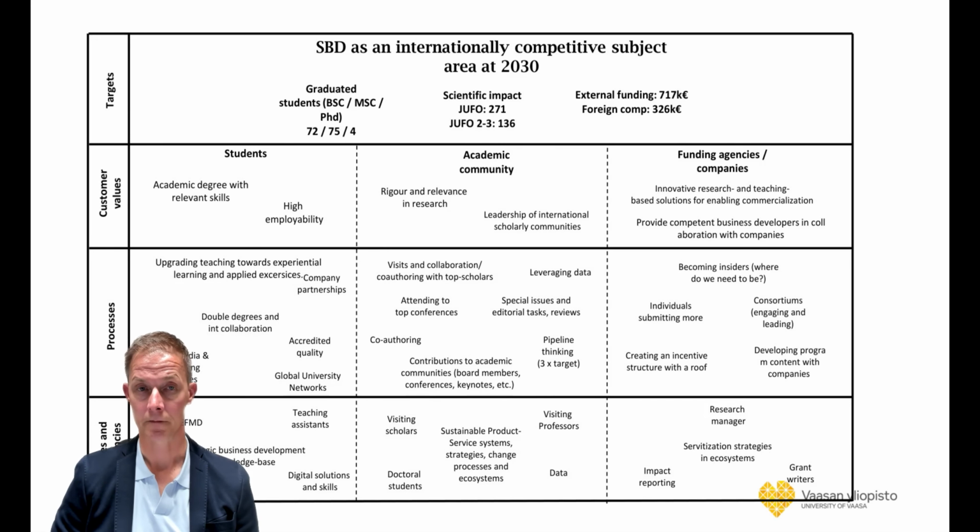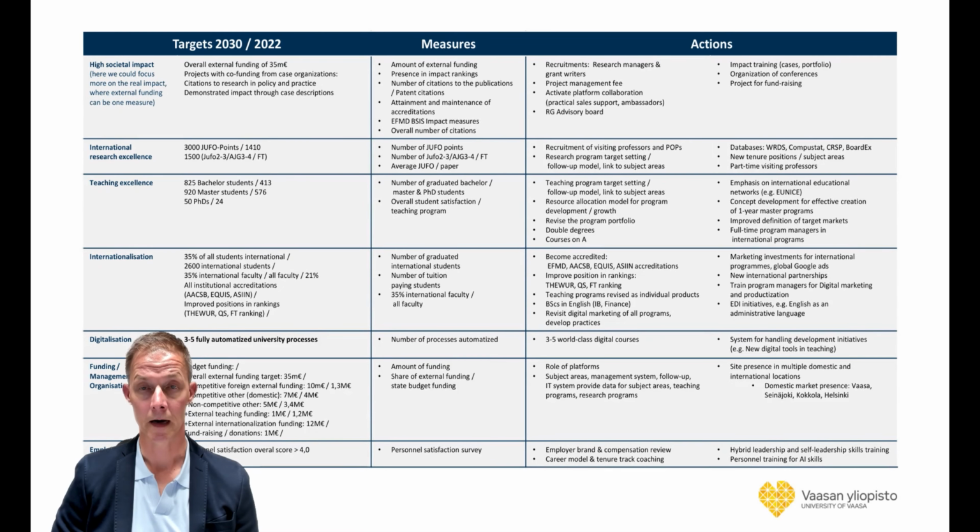Read the slides carefully. As the fourth tool, we have targets, measures, and actions. This is the tool where you specify a bit broader scope of targets, of course including the main targets from the strategy map, but also having more space to extend the scope of targets.